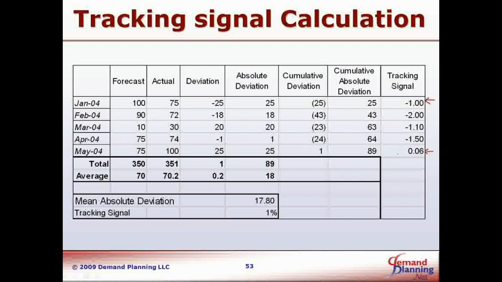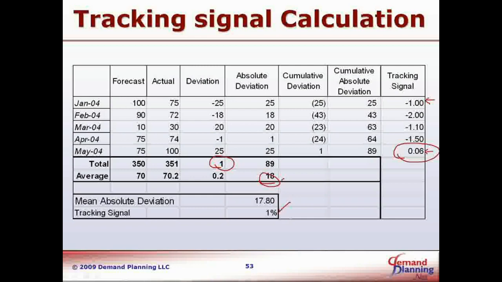Tracking signal ends up as 0.06 for the 5th month because we said it's the sum of the signed deviations. The sum of the signed deviations is 1, divided by the mean absolute deviation, which is 18. So the tracking signal is less than 1%.